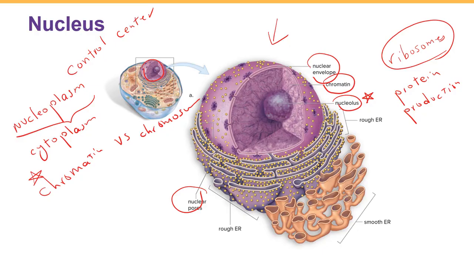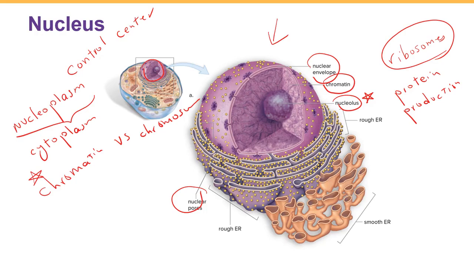One more time, what is the difference between chromatin and chromosome? Chromatin, most of the time found inside of the nucleus, is DNA in a loose, thread-like form. But when the cell is getting ready to divide, the chromatin coils up tightly and forms the chromosomes, which are easier to move and separate during cell division.